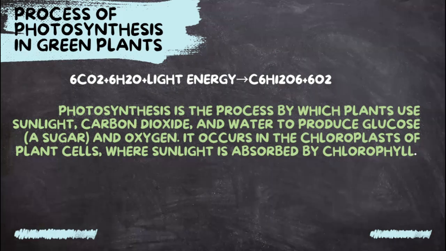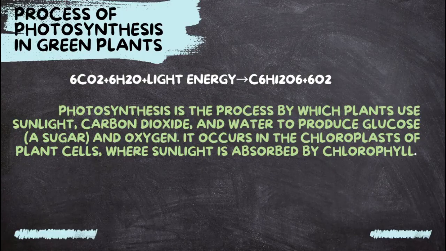So now we know what the process is. We know that chlorophyll is 100% essential in order for photosynthesis to take place. Now, if all these factors are not present, there can be issues, or there can be less photosynthesis output.